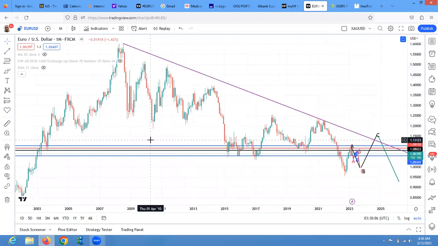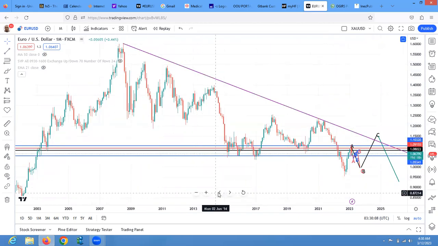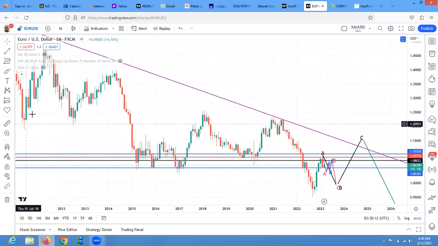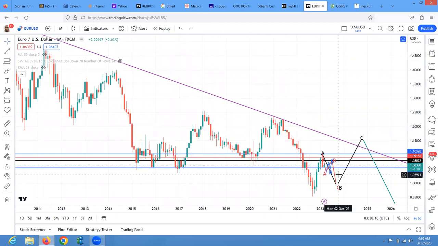So now let me go into it again. This is a monthly cycle. So we are done with this count, 1, 2, and a 3, and a 4, and we are just unfolding this. We're not done with it. And what we expect here is what I've just told you, a correction of a zigzag, which is in the making, A, a B, and a C, and that is what we're expecting.